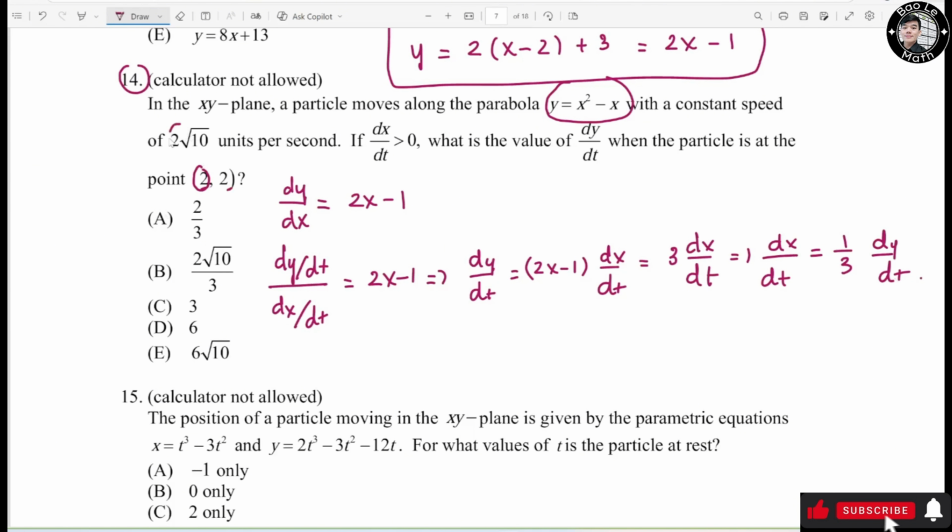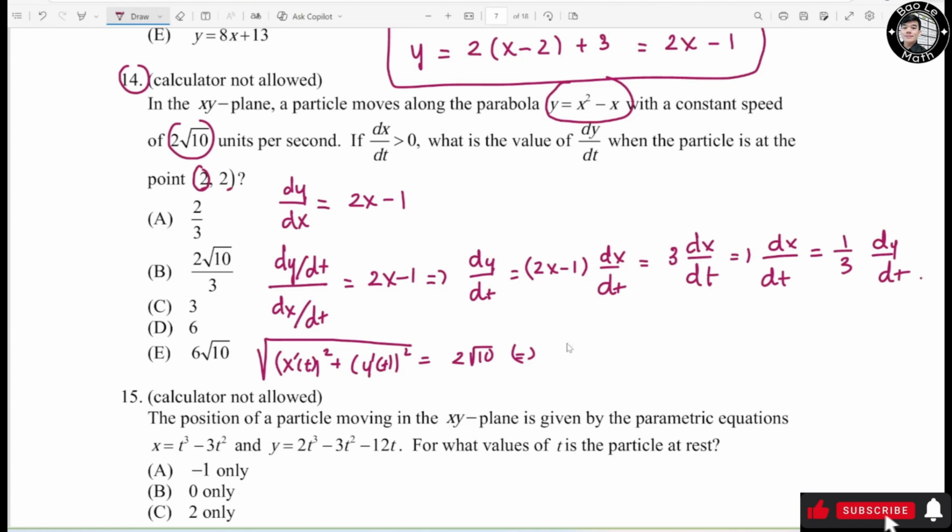Now we're going to use the speed right here. So the speed is the square root of s prime of t altogether squared plus y prime of t altogether squared, which equals 2 square root 10, right? Now we're going to square both sides and substitute ds over dt and dy over dt over here.